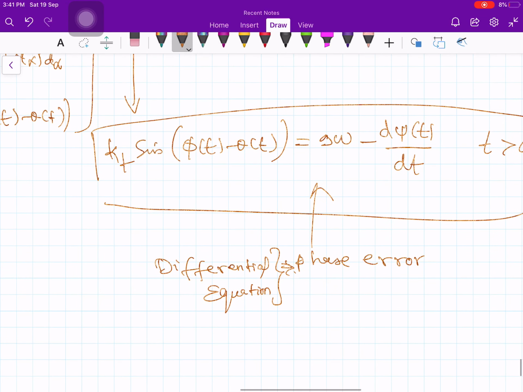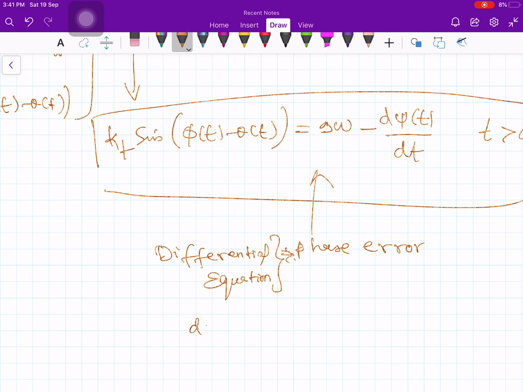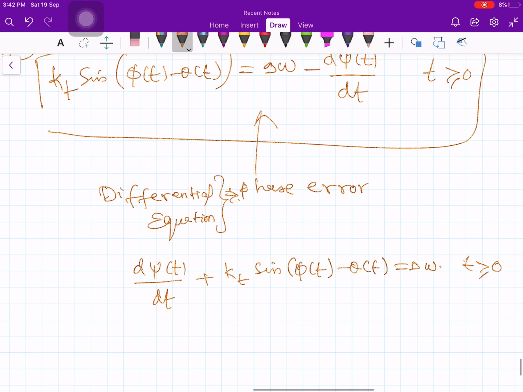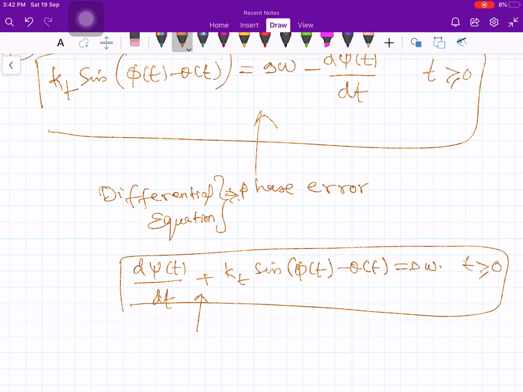If you rearrange this equation, then d psi of t divided by dt plus k suffix t sine of phi of t minus theta of t is equal to delta omega for t greater than 0 or greater than or equal to 0, no problem. So for the special case when the FM signal is essentially a step change in frequency at the input to the PLL, the governing equation for the phase error is this differential equation.